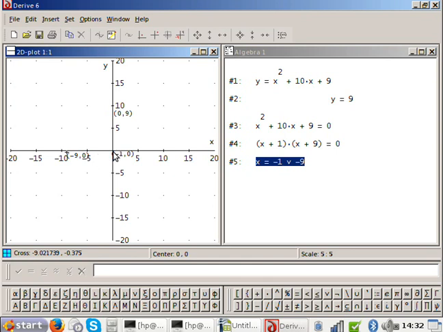I know it's not clear, but I have one point here, one point here, one point here. Now I can't draw on this program with my mouse, but how many points would I need if I want to draw this? I would need 3 points to make a curve.